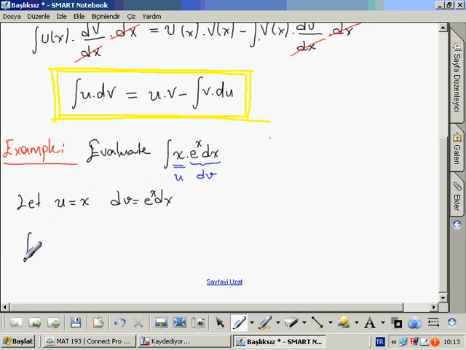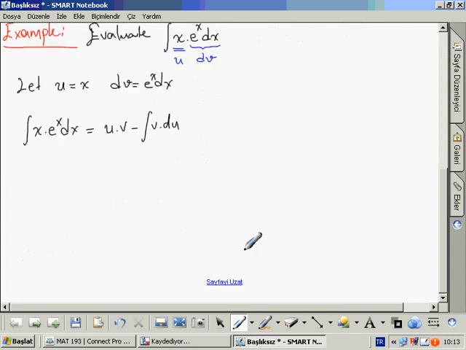So we know that the integral of x times e to the x ∂x, that means the integral of u times ∂v, equals u times v minus the integral of v times ∂u. We need ∂u and v now.